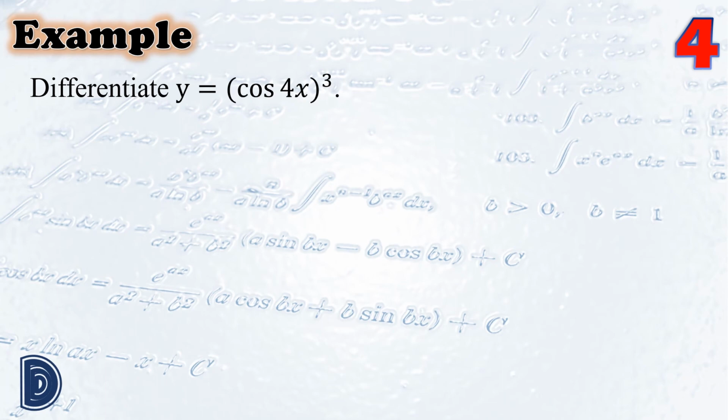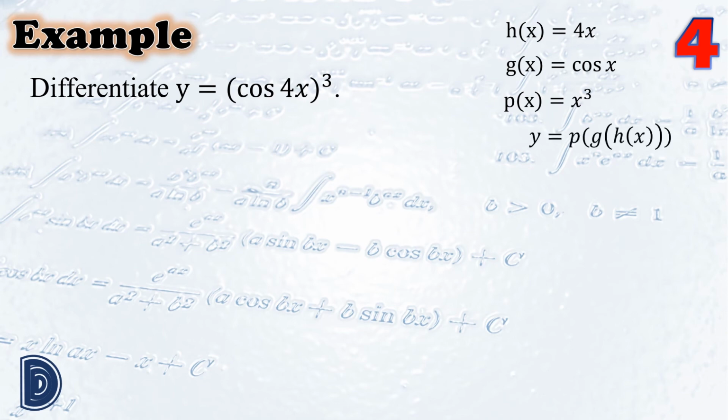Let us have another example. Differentiate y is equal to cosine cubed of 4x. We can look at this example as a composition of three functions. If h of x is equal to 4x, g of x is equal to cosine x, and p of x is equal to x cubed, then y is the composition of functions p of g of h of x.